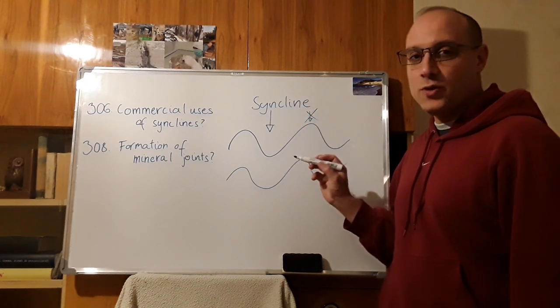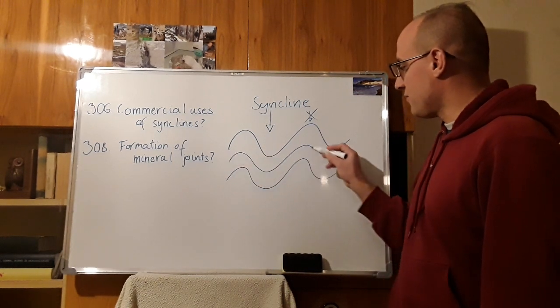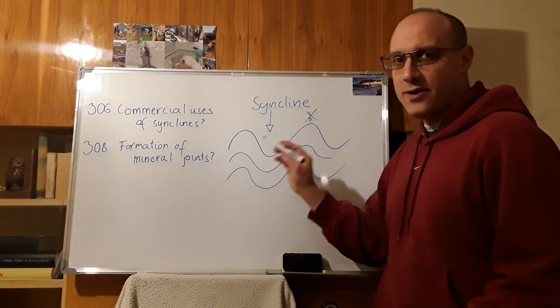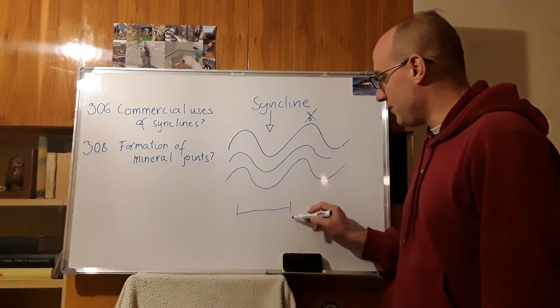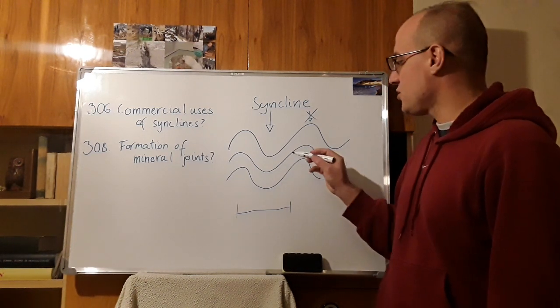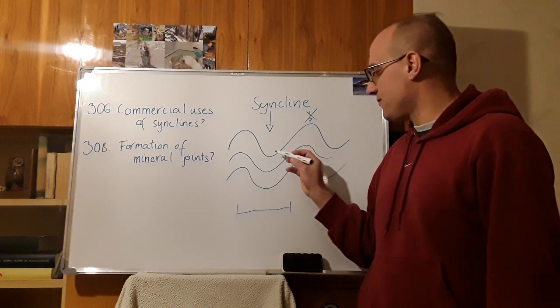And what we need to know about this one is that if we have these folds in the rock, they can be pretty big. They can be tens or hundreds of meters in size. So that's how we can imagine this one. It's really like a valley. And in this case we can have different kinds of rocks here.